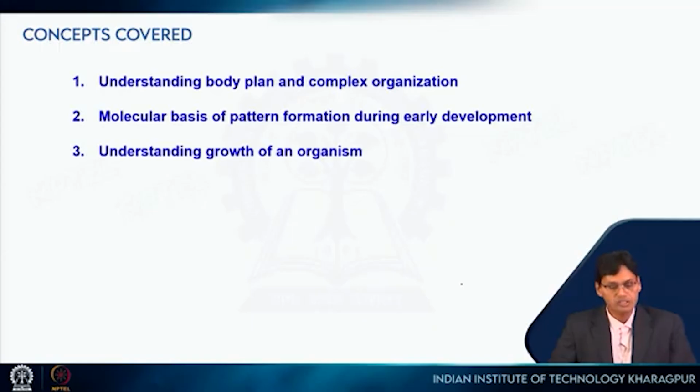Let's see. Mostly I will be discussing these 3 points today: understanding body plan and complex organization, followed by the molecular basis of pattern formation during early development, and finally understanding growth of an organism.